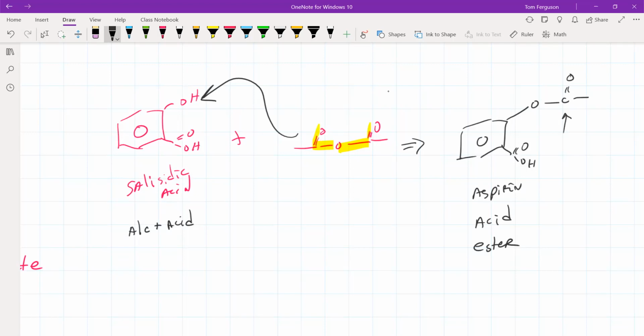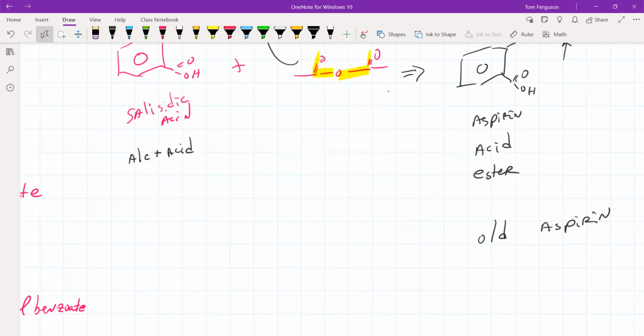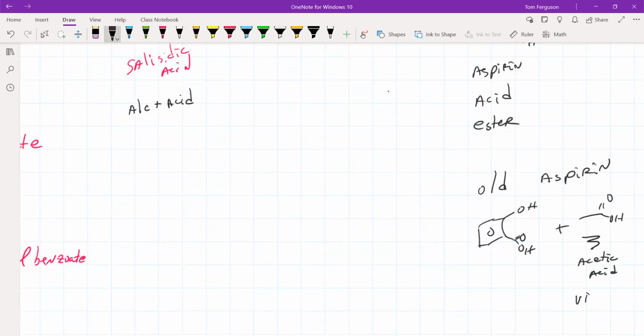So old aspirin has a vinegar smell because the ester breaks up into the acid part of the ester and the alcohol.